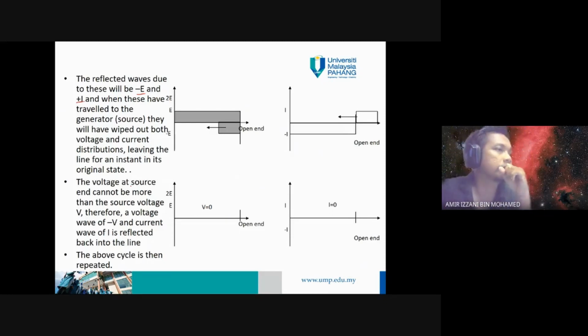The voltage at the source cannot be more than the voltage E. Therefore, a voltage of negative E and a current wave of I is reflected back into the line. So finally, nothing is left here.